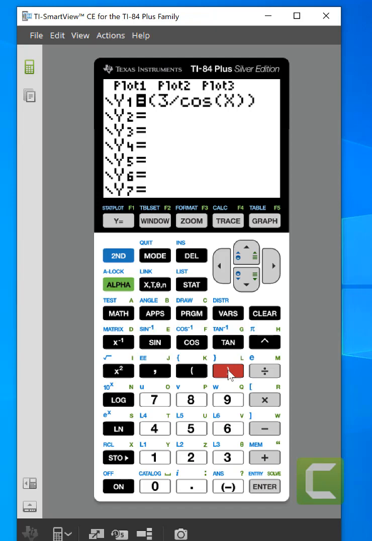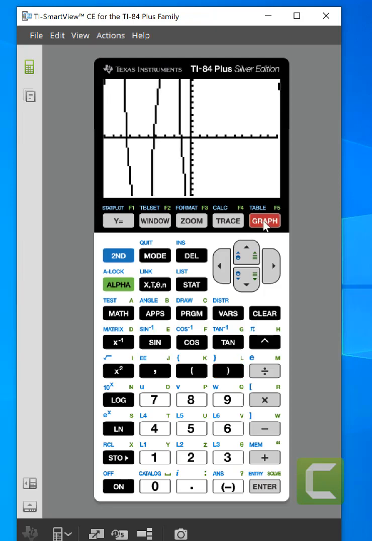This is exactly the same thing as 3 secant theta plus 7, parentheses, 7 divided by sine theta, but I don't have theta, so I put x and close both parentheses. So if I press graph, I'm going to get the graph of that function that I wanted.